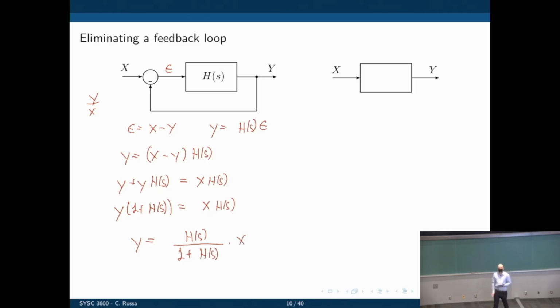You can now see that the relation between the input and the output is the line function h of s divided by 1 plus the same function. And this is always the case when you have a feedback loop. If the feedback loop is negative, it is h of s divided by 1 plus h of s. Which means that we can replace this with h of s divided by 1 plus h of s, and this is the equivalent block diagram without the feedback loop.